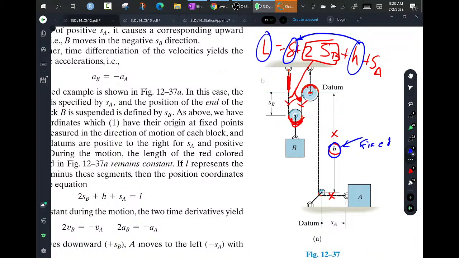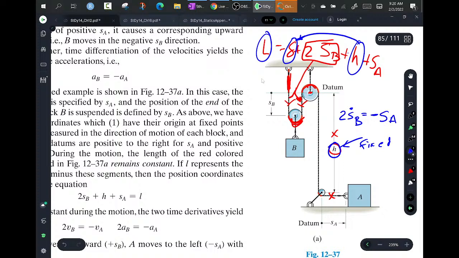So, whatever. So what you find out is, you take the derivative, you'll get 2 SB dot is equal to minus SA dot. Now let's see if this makes sense. Hang on.